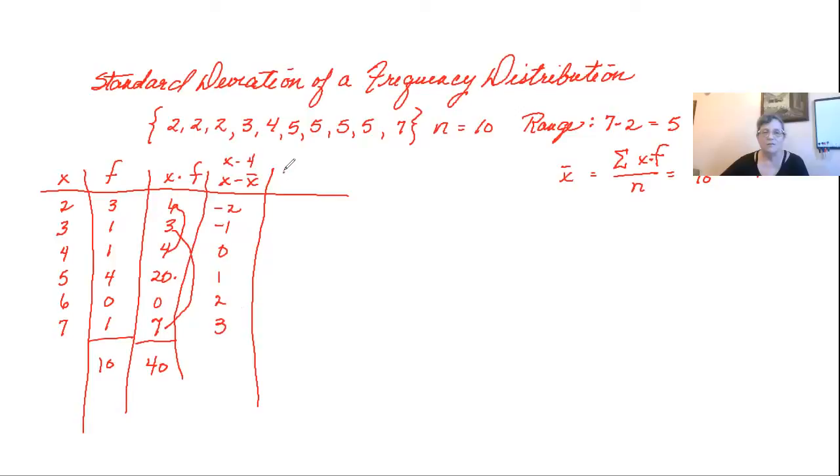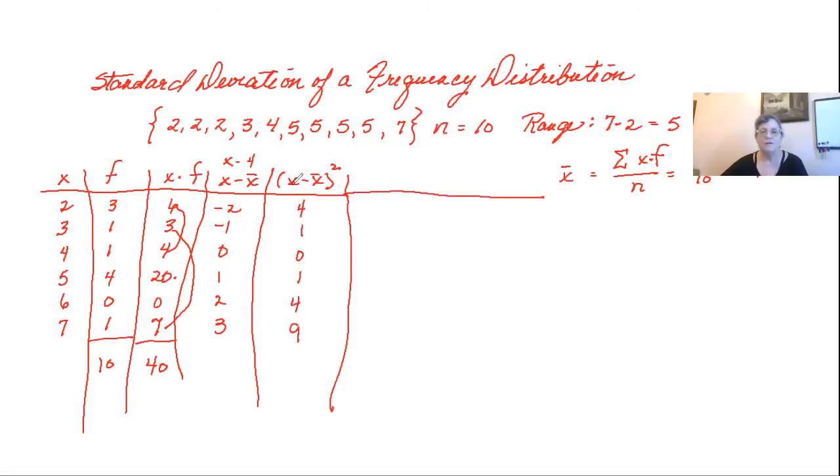So let me go ahead and square these, x minus x bar squared, because that's what I really need. Each of these squared: 4, negative 1 squared is 1, 0 squared is 0, 1, 4, 9.